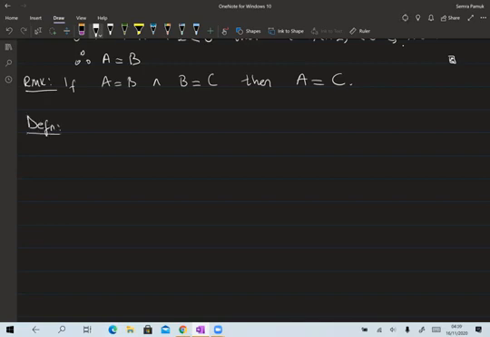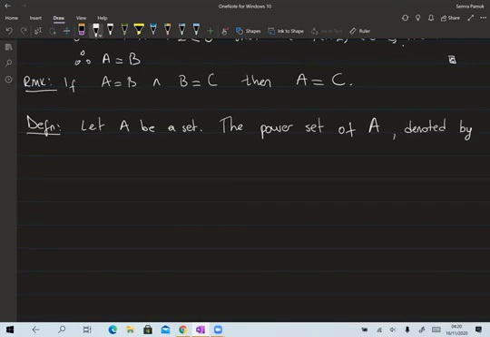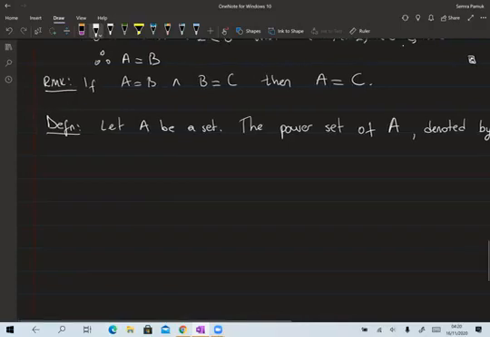Another definition is the power set. This is an important one. Let A be a set. The power set of A, denoted by this curly P of A. What is it?